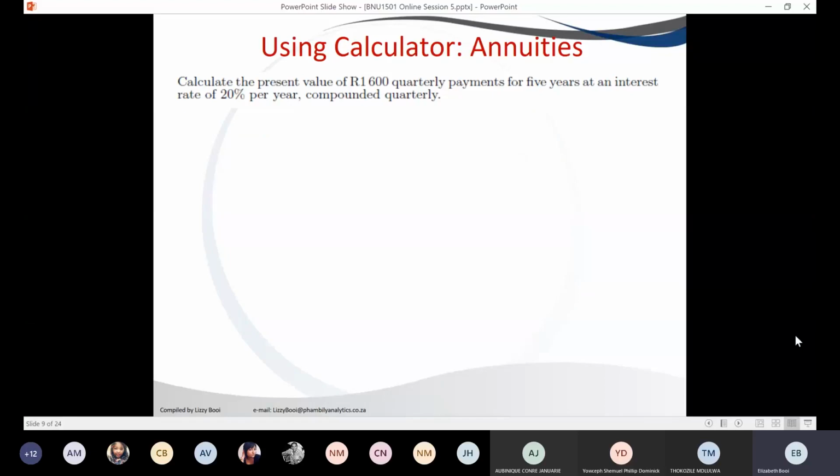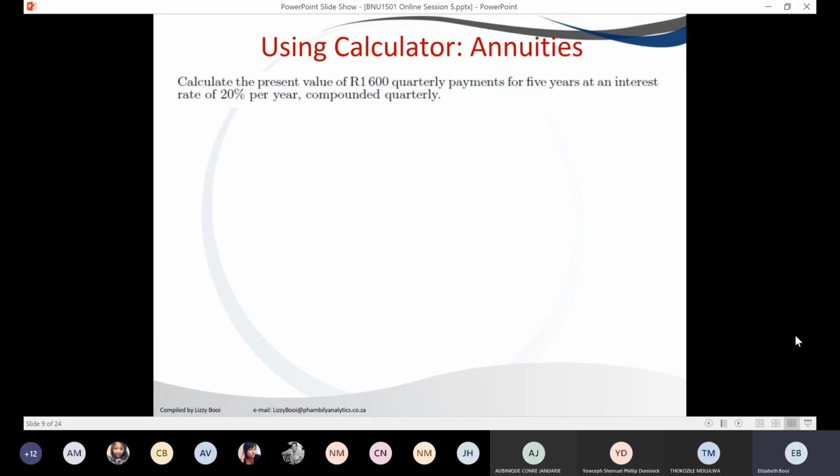So let's look at an example. Let's say I want to calculate an annuity. Calculate the present value of 1,600 quarterly payments for 5 years at an interest rate of 20% per annum compounded quarterly. What did they give me?